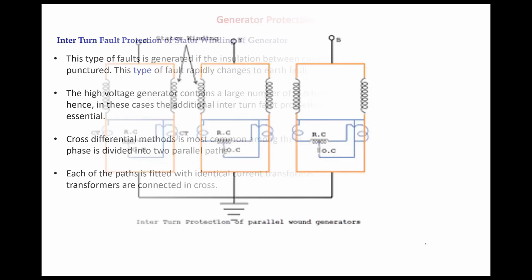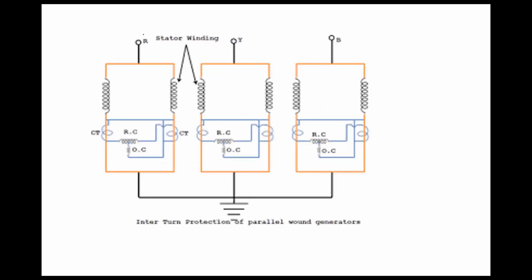Suppose this is the R phase winding; the total path is divided into two paths, in which the identical CTs are connected in opposite manner. When the same currents are flowing in both and there is no interturn fault, what will happen?